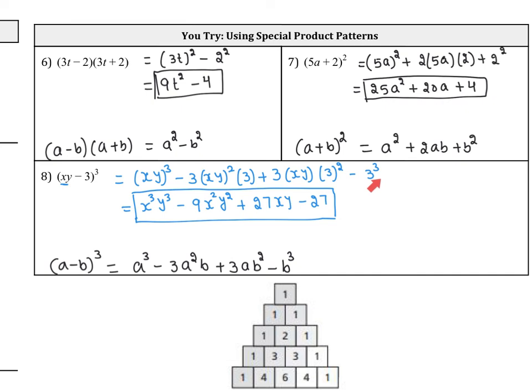The equation I'm going to get, this one is x cube y cube minus 3 times 3 is 9 and xy square is x square y square plus 3 times 3 times 3 is 27xy minus 3 cube, which is 27. Again, I'm just going to recognize what is my a and b. So in this case, a is xy, b is 3. Plug it in into the formula and you get the equation.